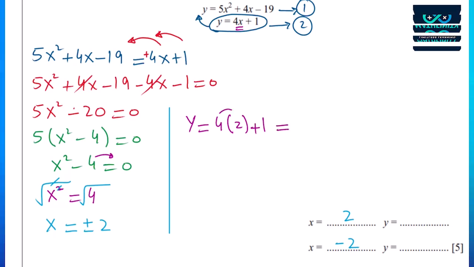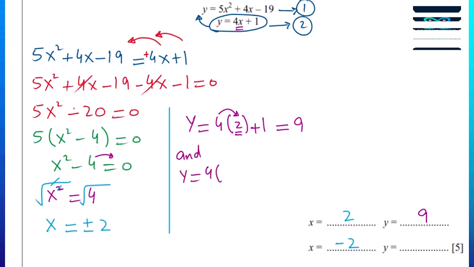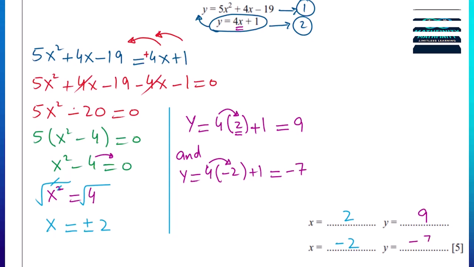That will give you 4 times 2, 8, plus 1, 9. So when you substituted the value of x 2, we got 9. So it means in this place we have to write 9, and y is equal to 4 times negative 2 plus 1. What will give us 4 times negative 2, negative 8, negative 8 plus 1, negative 7. So this one we will get negative 7.